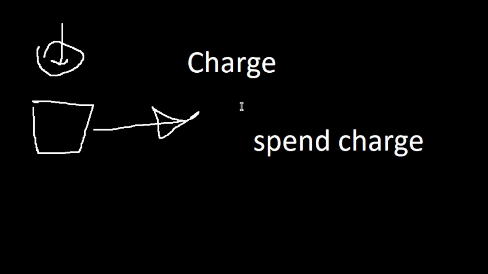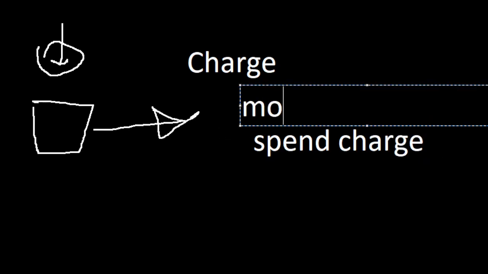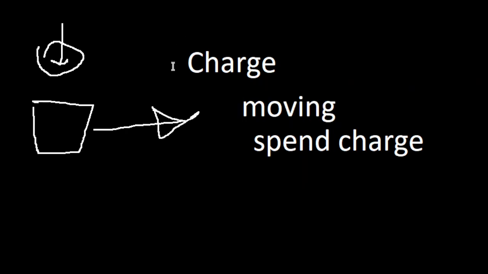But importantly, it's moving. So we have three things that are happening. We're charging it up, we're moving an object, and then we're spending the charge, even when we're not charging it. So that's just the first step. We've identified that something is being charged up, something is moving, and then the charge is depleting.